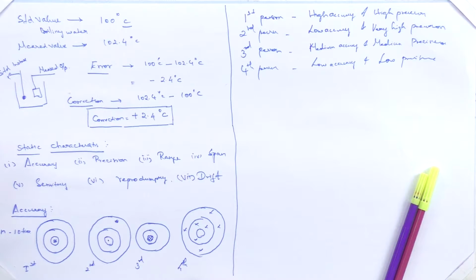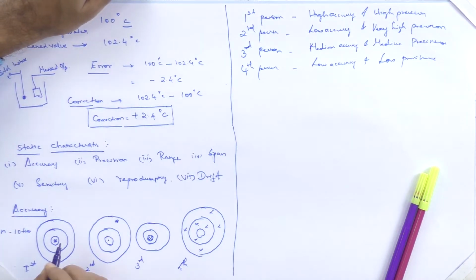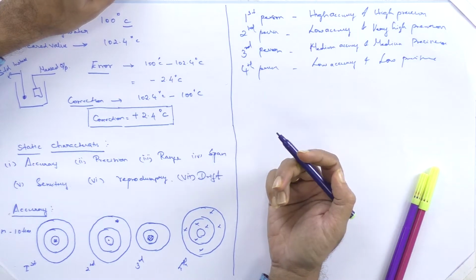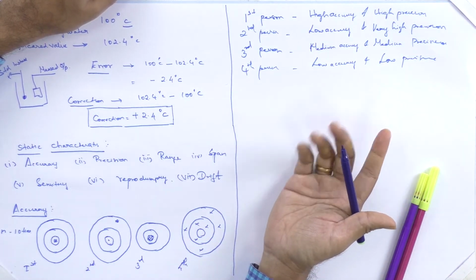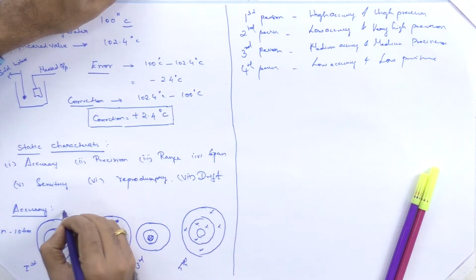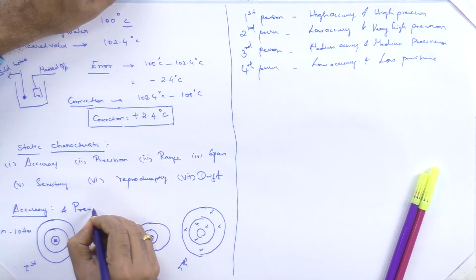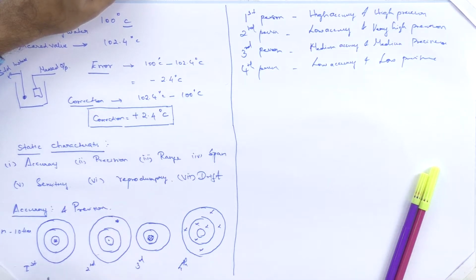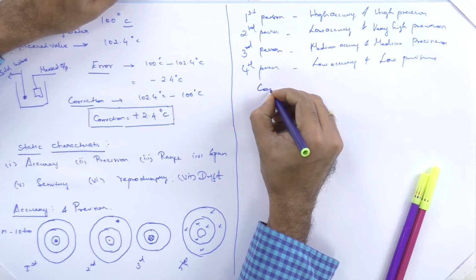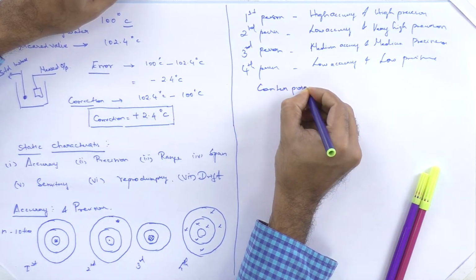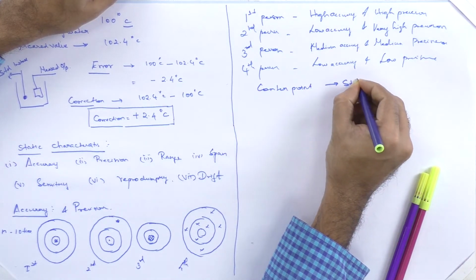Now apply this concept of 4 persons shooting the 10 bullets to your instrument. Now let's consider this concept for 4 different kinds of instruments. Okay, the persons can be replaced with the instruments, and the same thing will apply over here for accuracy and precision. So the first instrument: this center point is your standard value.